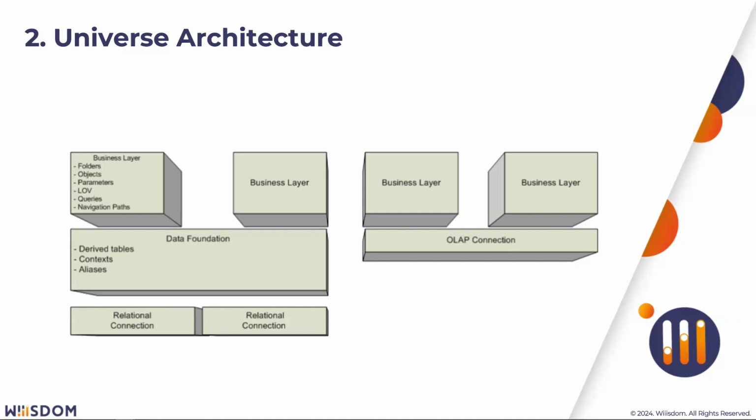Why do I show here two relational connections? Well, pertaining to the previous discussion, up to 4.3, you can have multi-source universes with multiple connections, but keep in mind that will be deprecated with BI 2025. So it's just for information that I mentioned here.